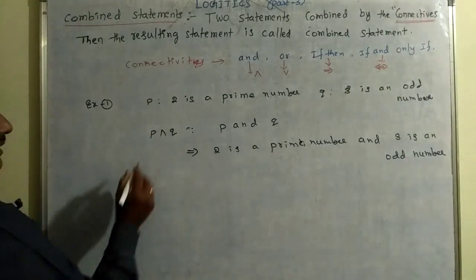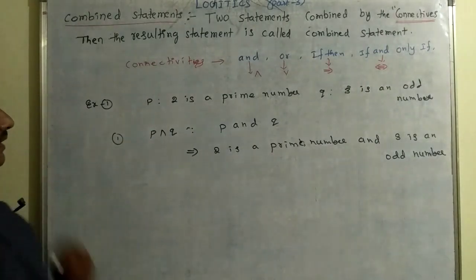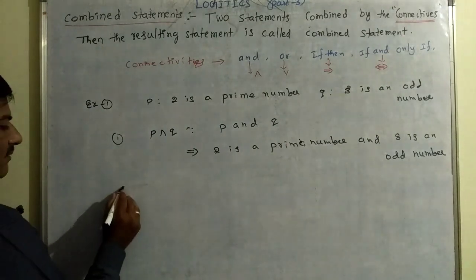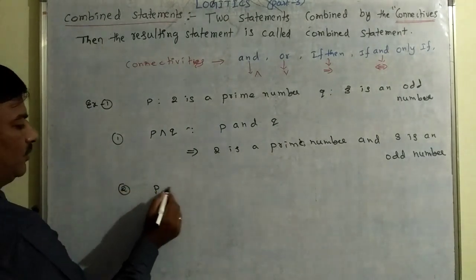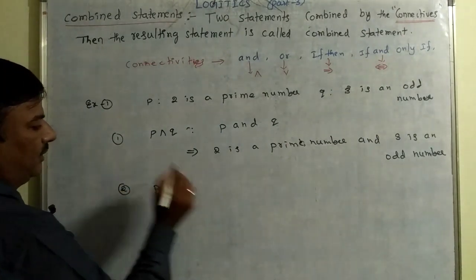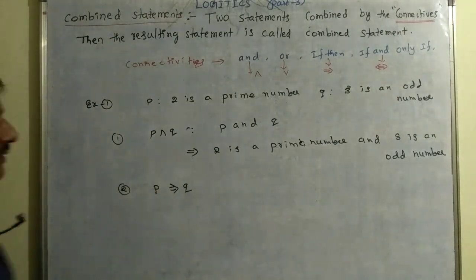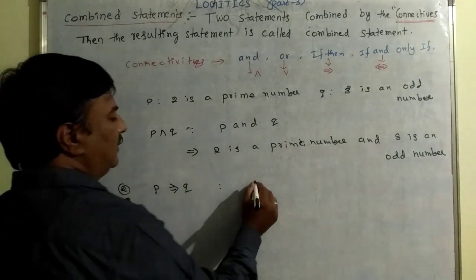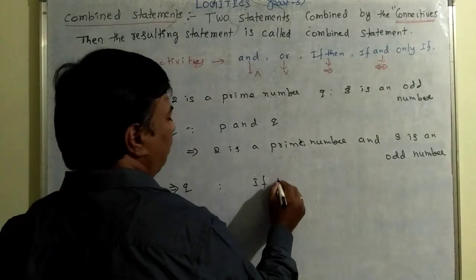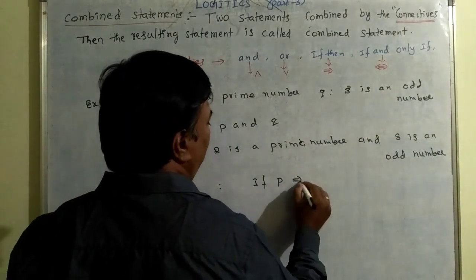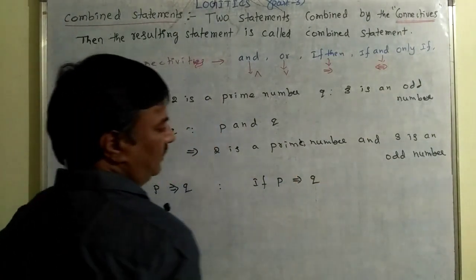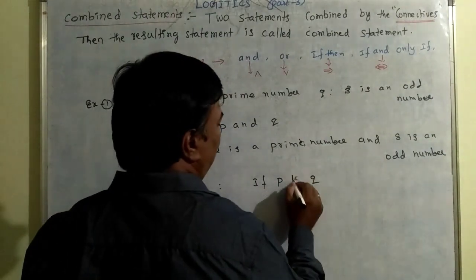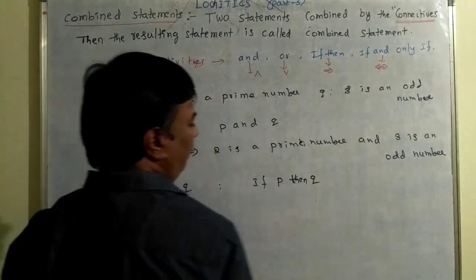One more example. This is one combined statement. Second, one more combined statement. Suppose P implies Q, then the combined statement we can write as: if P happens, then Q happens.